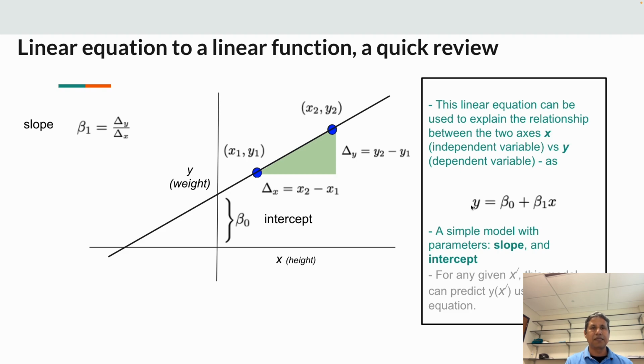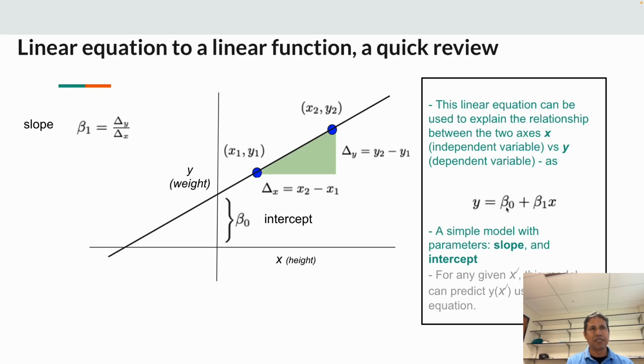If you recall the straight line equation, as we are given these two data points, delta y is y2 minus y1 and delta x is x2 minus x1. Because we have these two data points, we can estimate beta 1. When you have beta 1, you can take any of the data points and plug in the values of y, beta 1 and the corresponding x.